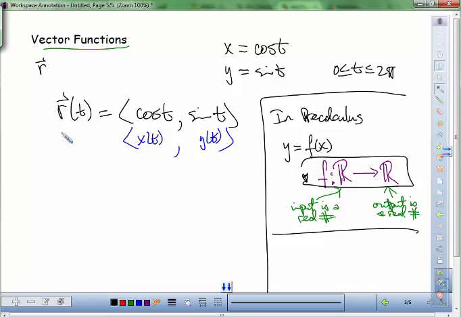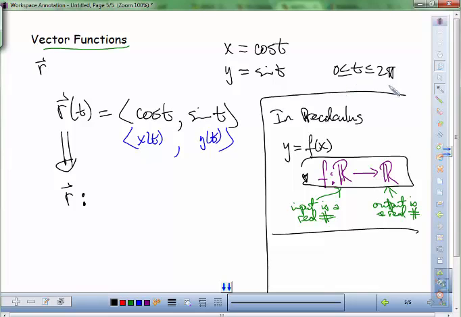So, given this notation and this idea, I can take a look at my new function r. What types of numbers can I put in here? Or what is my possible input for this r? 0 to 2 pi, but in general, it's what?